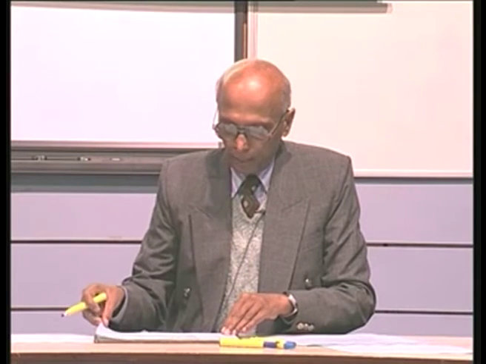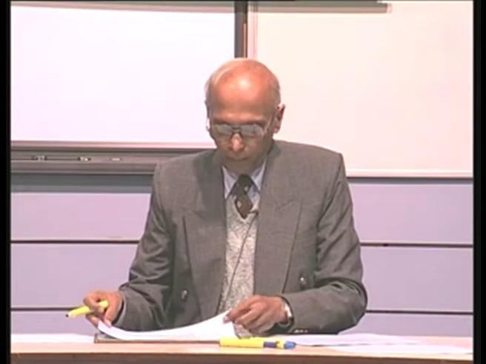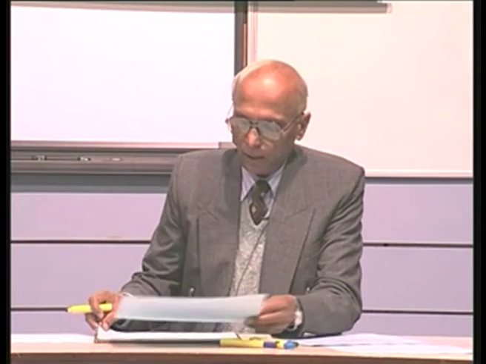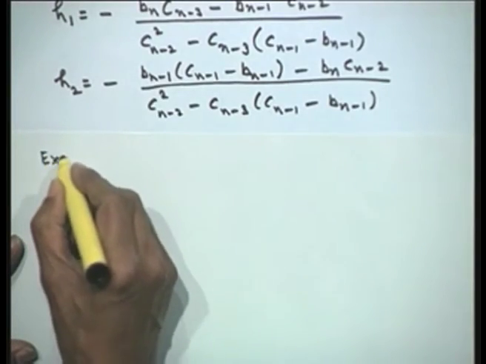Now, let us take an example to illustrate this particular way of obtaining the quadratic factor. I will keep this here if you note down. So, let me write this down as an example.